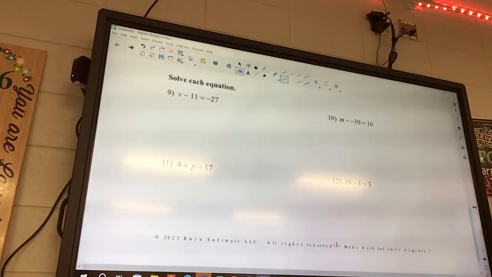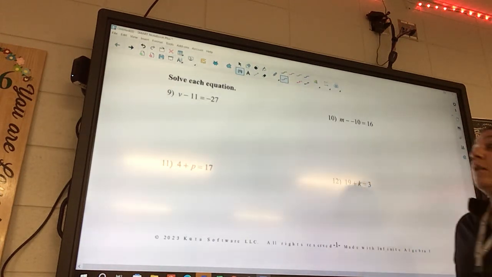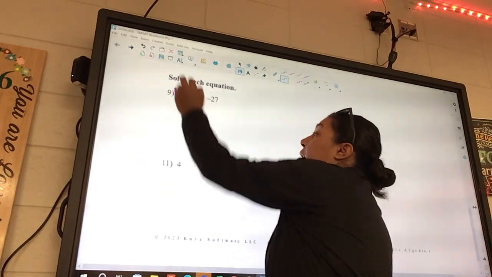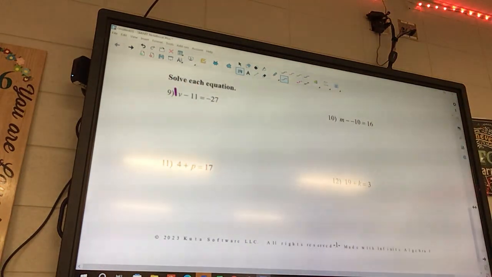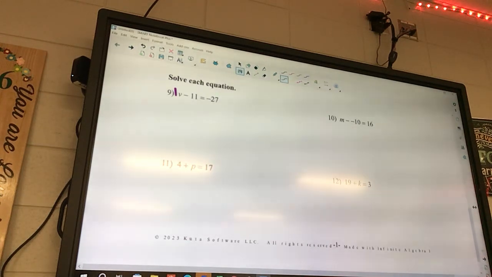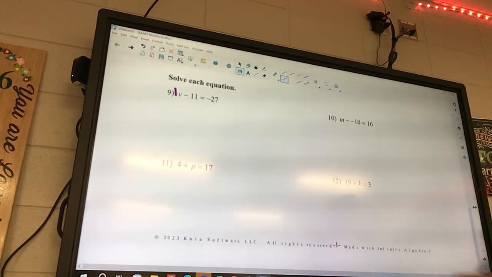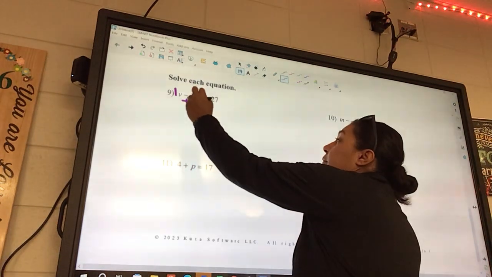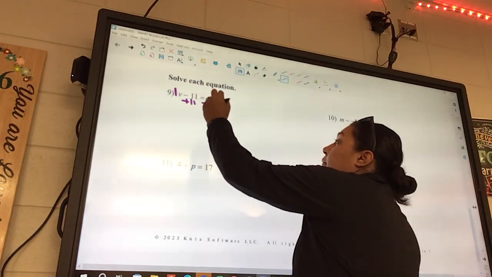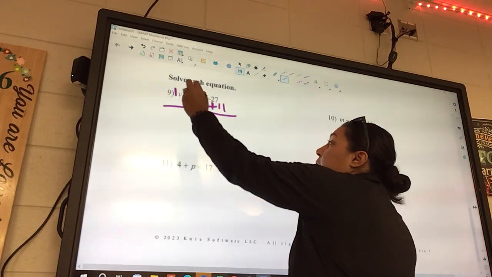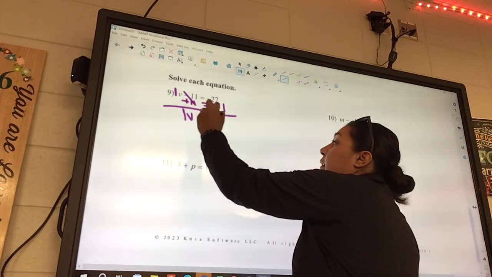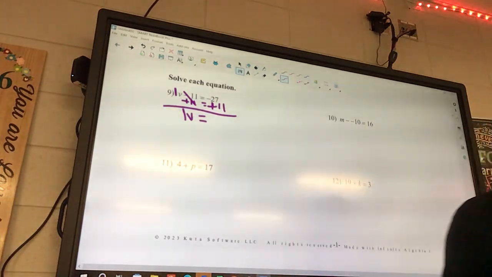You can put a 1 in front of the b. Okay, what needs done? We need to move the 11, okay? Every time you're solving, you're moving stuff away from whatever side is where the letter is. So we're going to add 11 to both sides. And so I'm gonna get 1b equals, what is negative 27 plus 11?